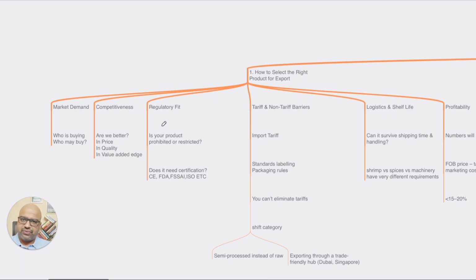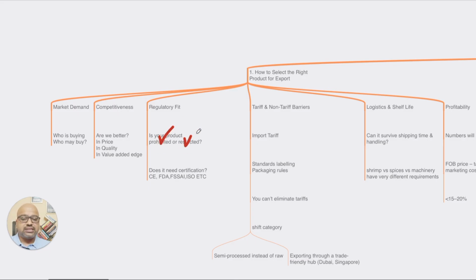Even wildlife, right? Smuggling of wildlife is also not entertained. These all come in the prohibited category. Human organs, if it's a legal transaction, that's a different thing. But normally, illegal substances are in the prohibited category.